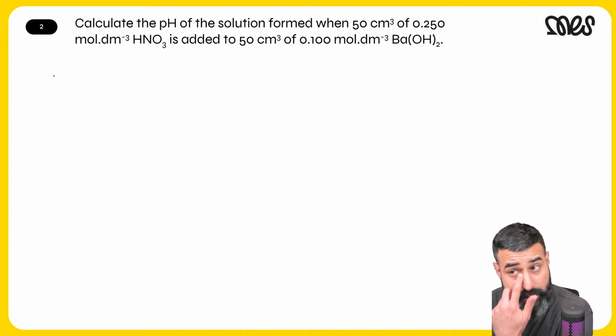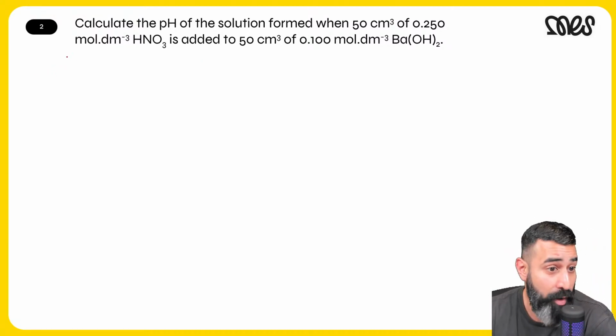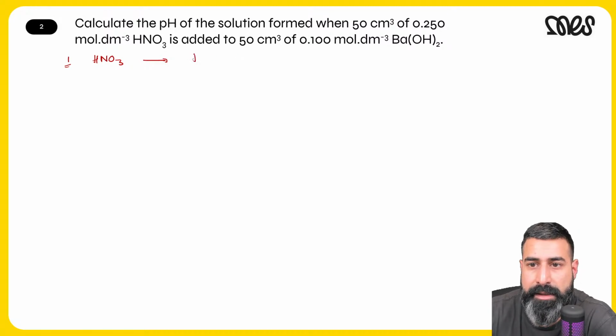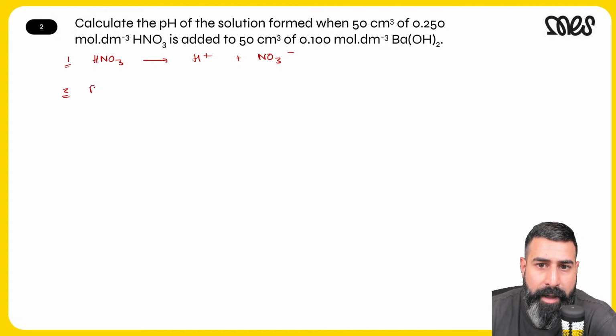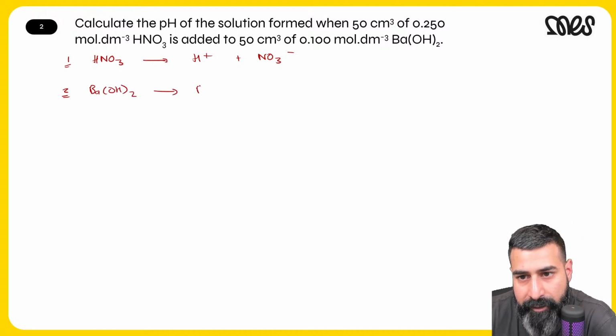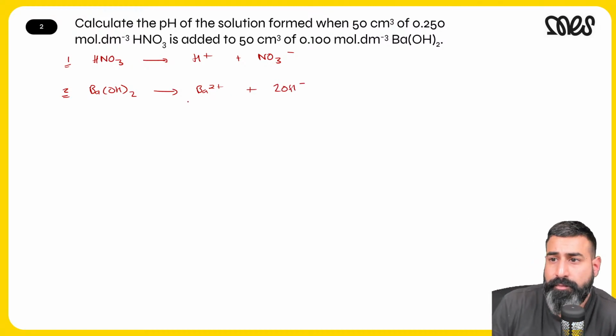Right. Let's do this, okay? I'm not going to go to math straight away. I'm going to go through my dissociations. Okay, my nitric acid is monoprotic, so that's H plus and NO3 minus. My barium hydroxide is dibasic, and that's going to give out Ba2 plus and 2 lots of the hydroxide ion, okay?